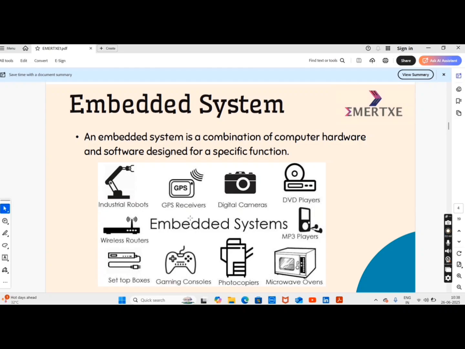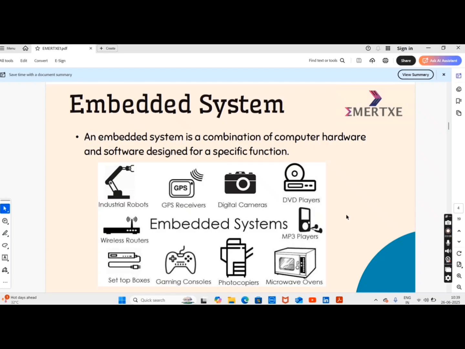We take examples from real life, such as digital cameras, which are very frequently used, DVD players, which are also based on embedded systems, and MP3 players, which are also based on embedded systems.